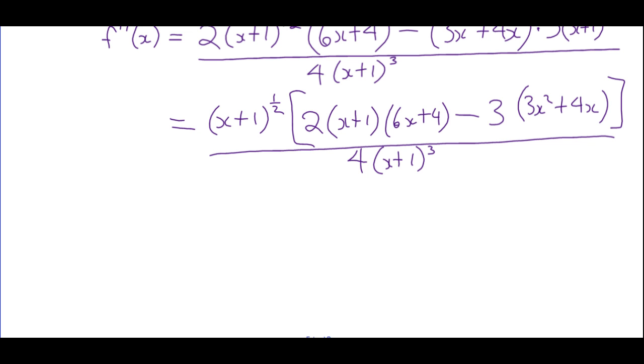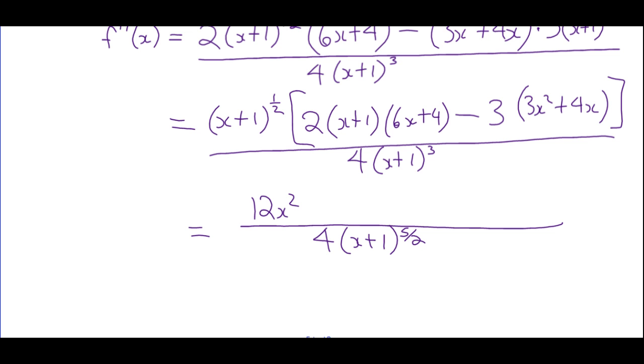So now this will go down here, right? So we're going to have 3 minus 1 half, so that'll be 6 halves minus a half. This is going to turn into a 5 halves down here. So equals, let's do this first. 4x plus 1 to the 5 halves. Okay, that's that 3, which is 6 halves minus a half. And here, we're expanding this out, so we've got 6x squared, which we'll call 12x squared, plus 4x plus 6x is 10x, and then the 2, so plus 20x plus 4, which is 8, minus 9x squared minus 12x.